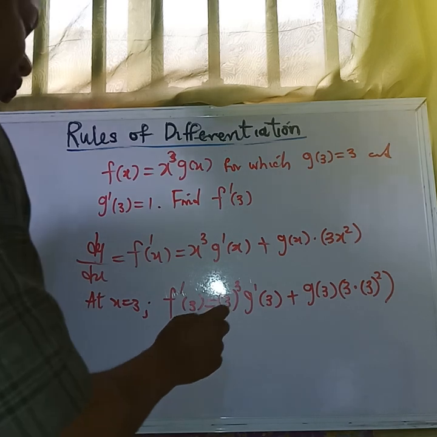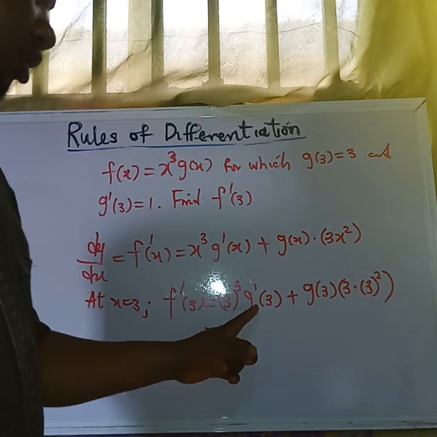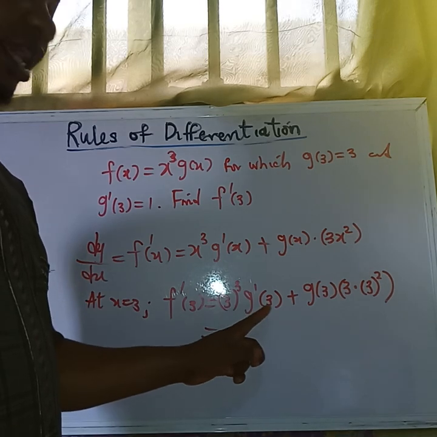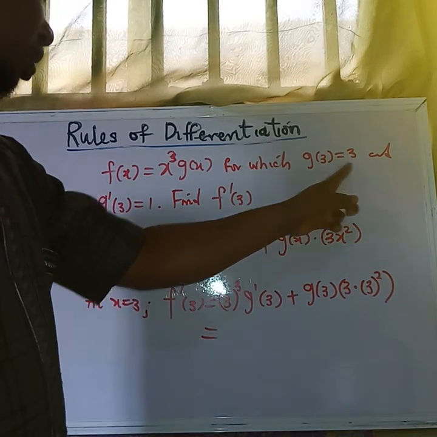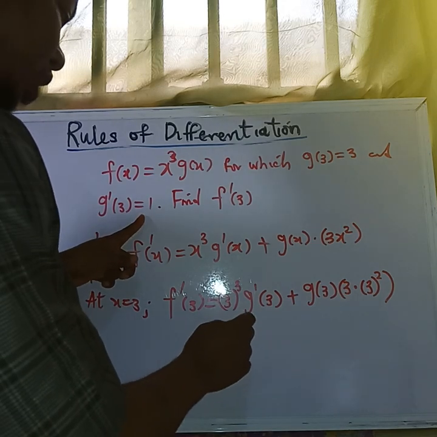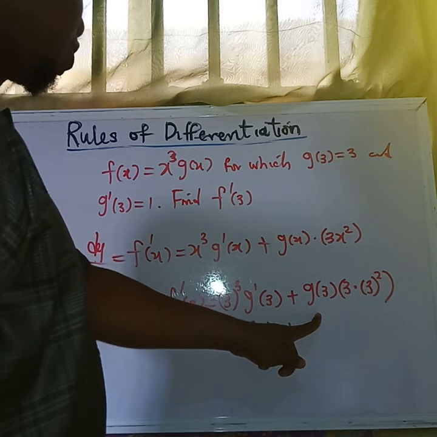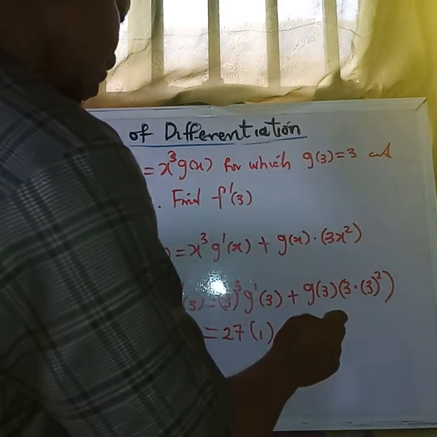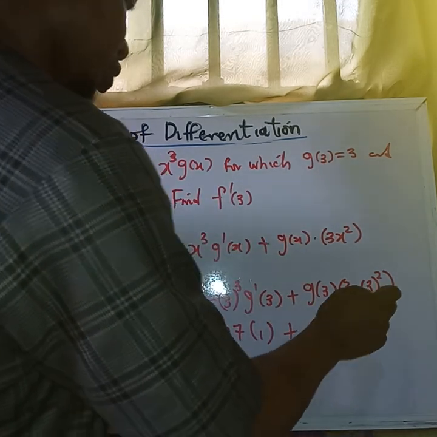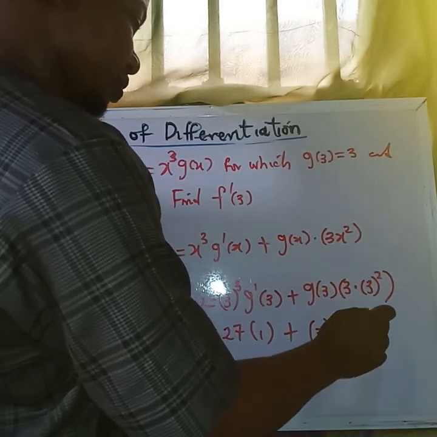But we have been given that the slope of g at 3 is 1 according to this. So if you calculate this, this is 27 into 1 plus, and wherever we see g of 3, this is 3, so we multiply this.